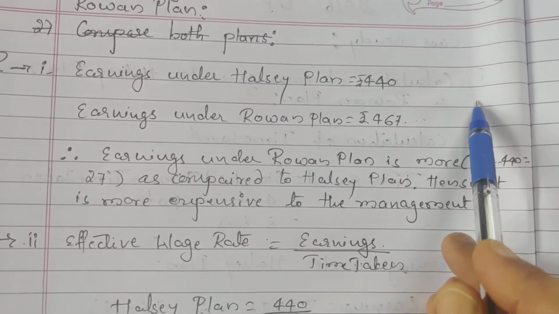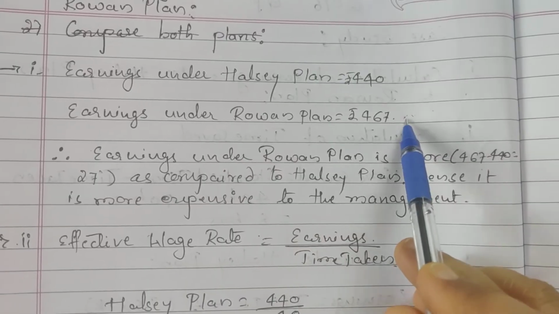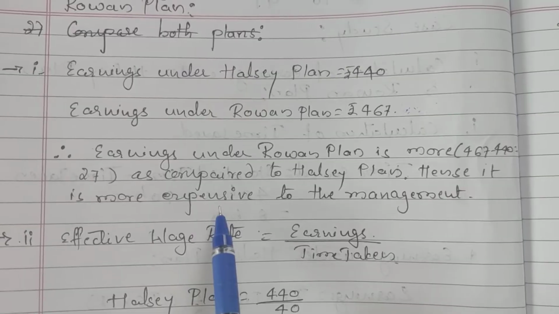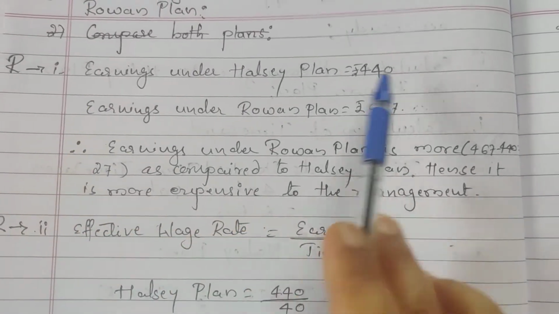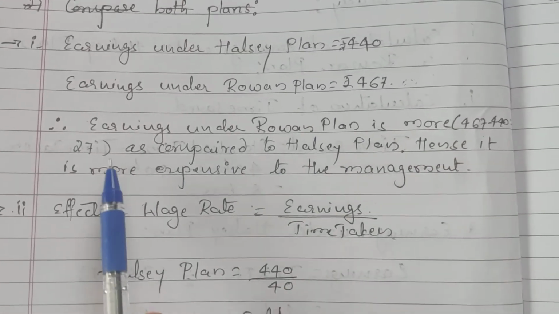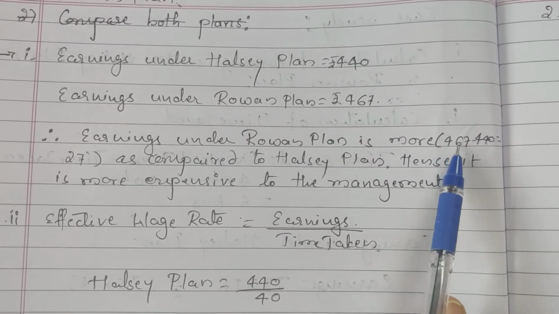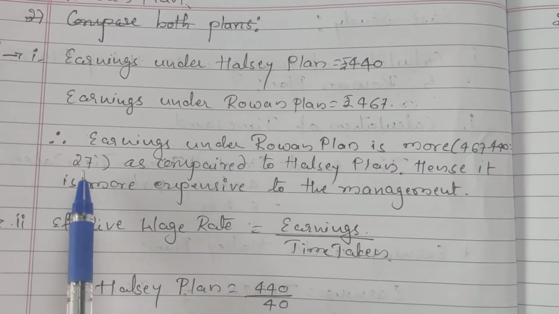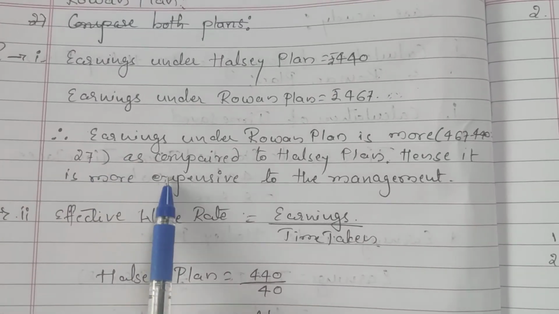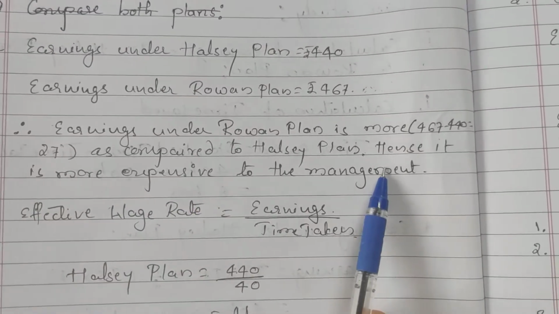Per worker, you are bearing much more expense in the Rowan plan. Therefore, we are comparing the earnings under both plans. Earnings under the Rowan plan are more: 467 minus 440. That is 27 rupees more you have to pay a worker as compared to the Halsey plan.